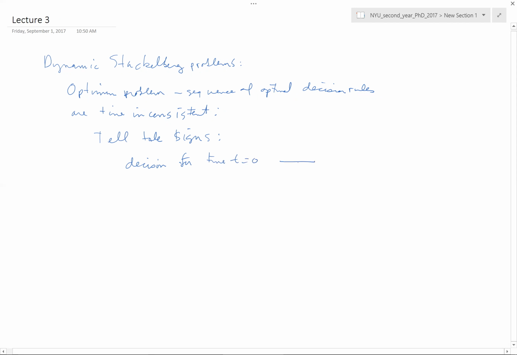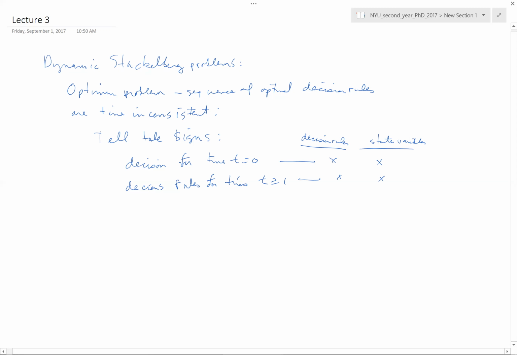That's going to be one thing. And then there's going to be decision rules for times t greater than or equal to 1. So these are going to be different decision rules, and there's even going to be different state variables. So these are going to be different sets of decision rules and state variables.